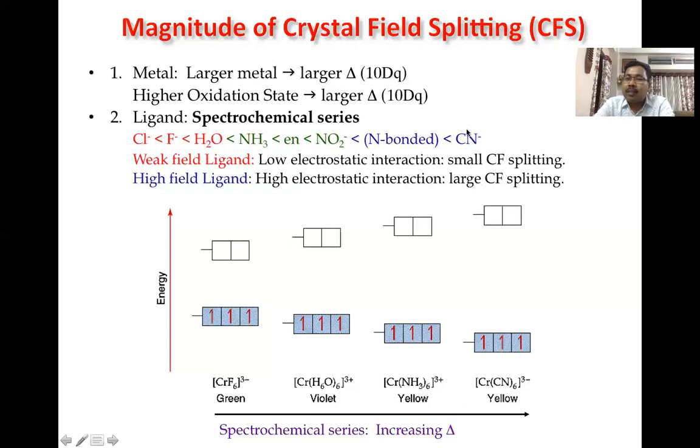Cyanide is a strong field ligand, at the extreme right of the spectrochemical series, so it causes maximum splitting. On the other hand, fluoride and chloride are weak field ligands, so they cause less splitting, and hence the energy gap between these two sets is very low.